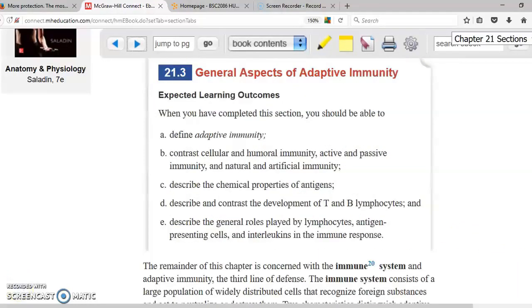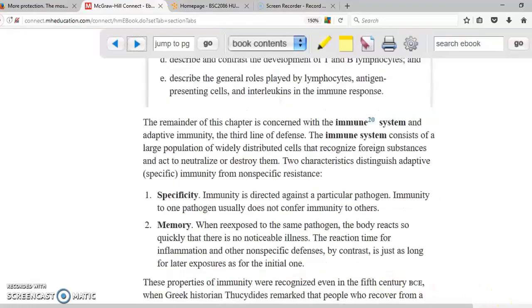The next topic is going to be general aspects of adaptive immunity. This is the area where we need to talk about antibodies. This type of immunity is going to provide you specificity as well as memory. Specificity, due to the fact that the antibodies that we're going to use in here are going to be specific for certain types of infections. The antibodies that defend you against poliomyelitis, for example, are not going to be able to defend you against the flu virus.